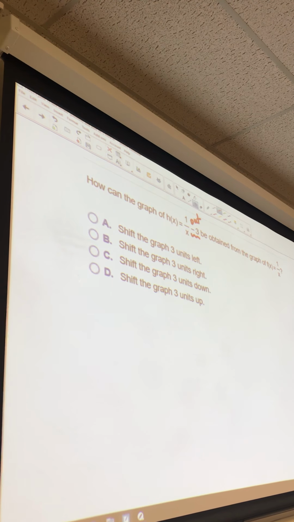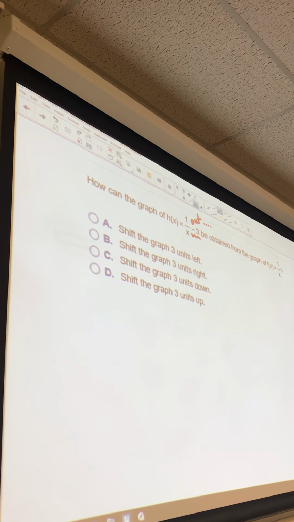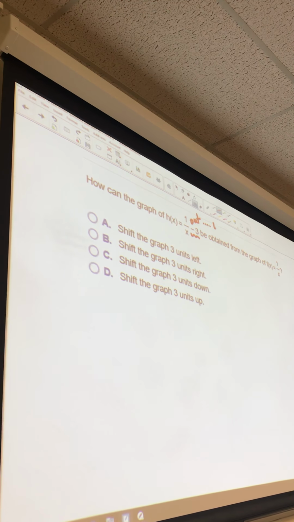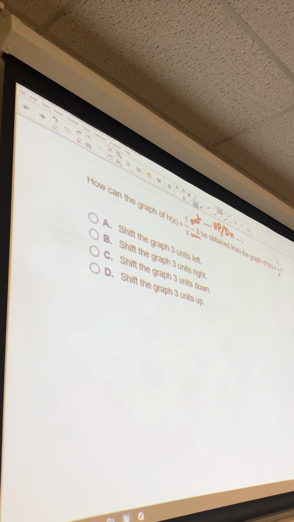So, outside first means which pair of directions, up, down, or left, right? For outside. Up, down. Okay, and then, is it the same as what we would think from the sign, or is it the opposite of those two from what we would think on the sign? Same. So, what does that mean from the up, down, if it's a minus 3 then? Down 3 units, that's right.